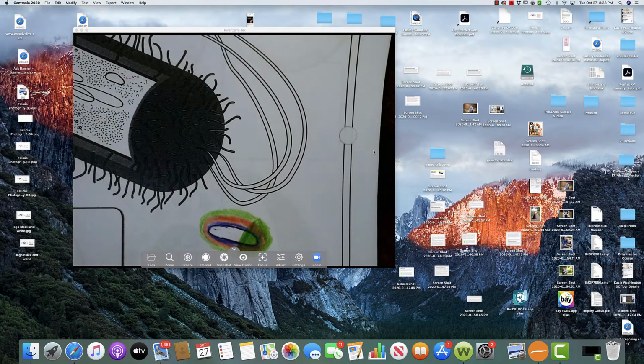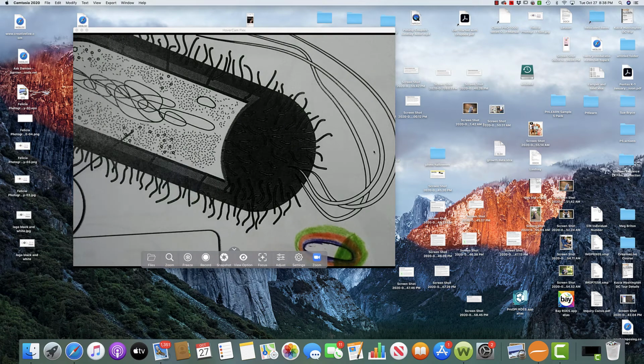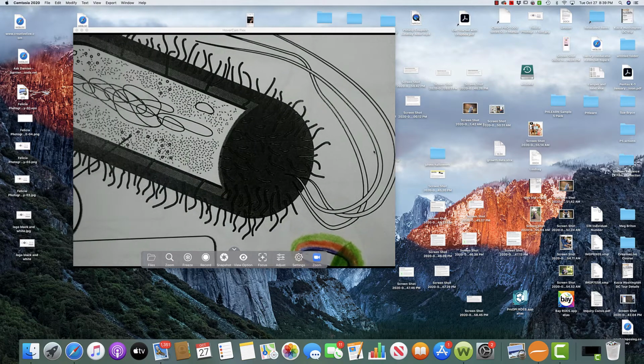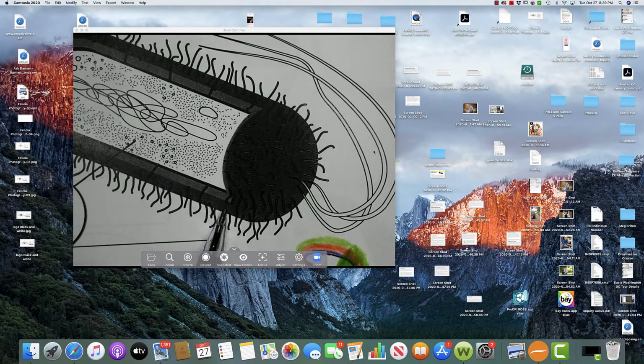All right, and so what exactly am I trying to illustrate? So we have different components of the bacterium cell, and part of that is unique to prokaryotes or particularly bacteria, this outside region called the capsule.